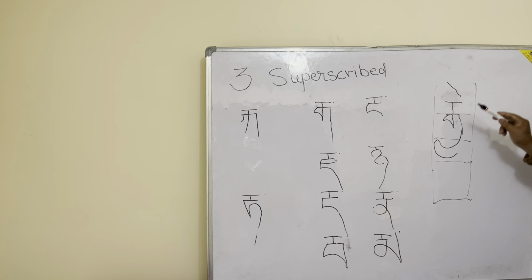Again, you can never start spelling with the vowel. So, ra, gata, ga, yata, gya, dengbo, ge.